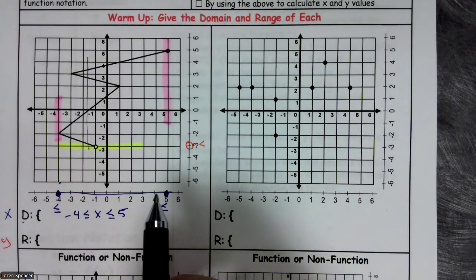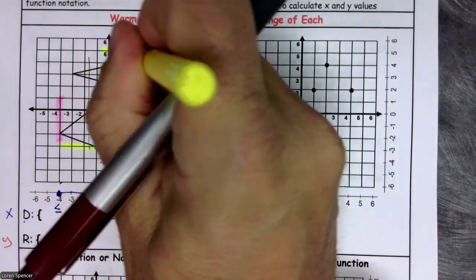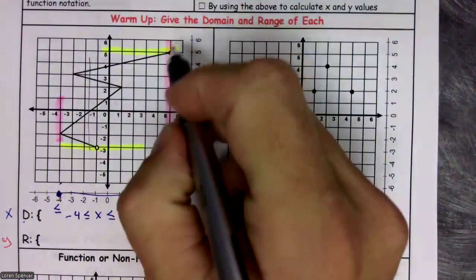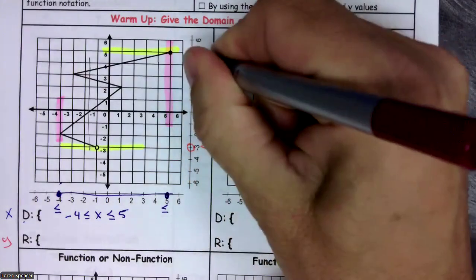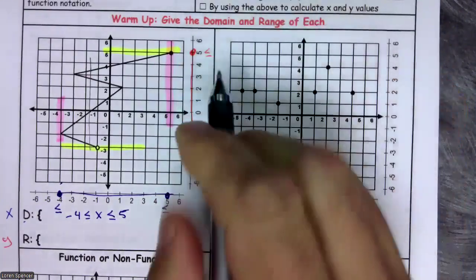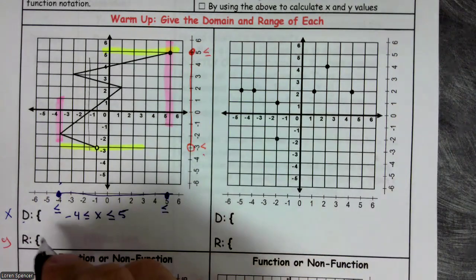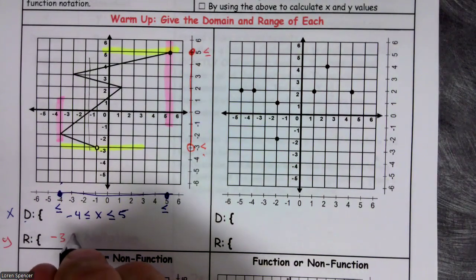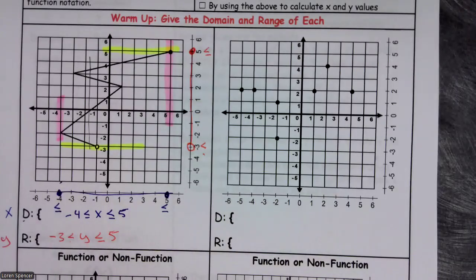And then it goes all the way up, and we're drawing to the y-axis, and it goes all the way up to +5, and that's a solid. We connect those. And because it's a solid, they're less than or equal to. So our smallest value, -3, less than y, less than or equal to 5.